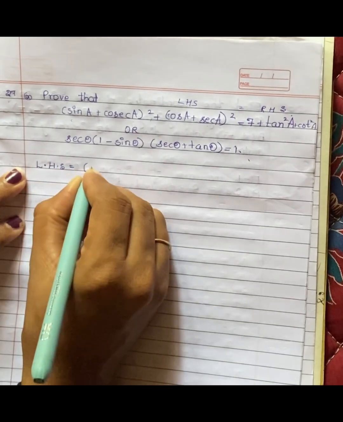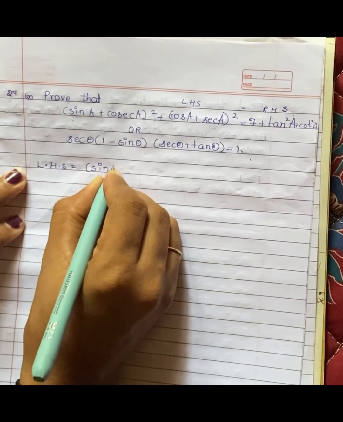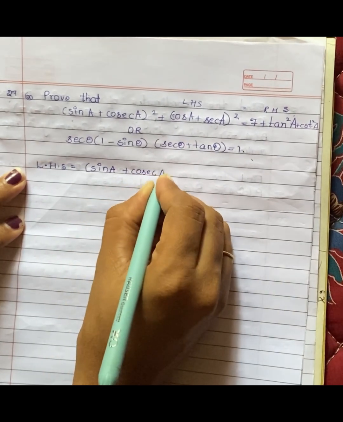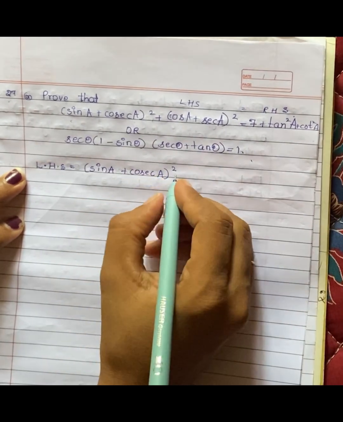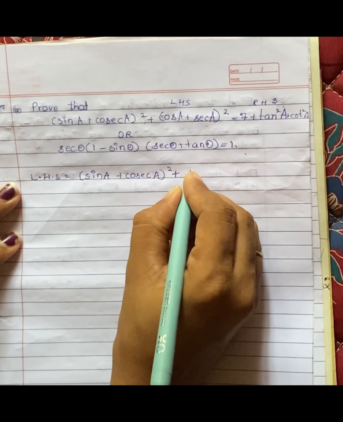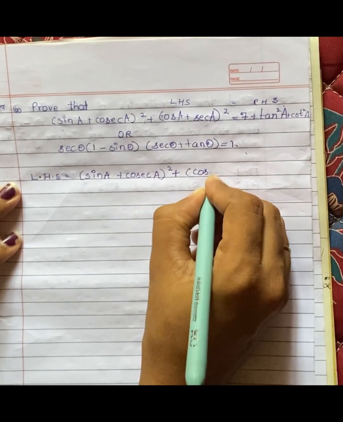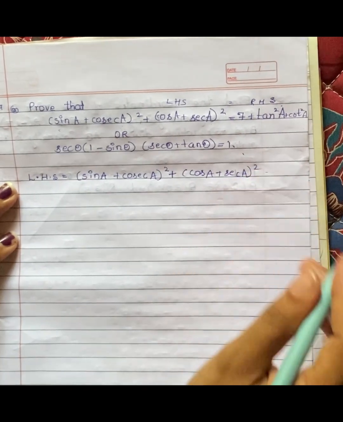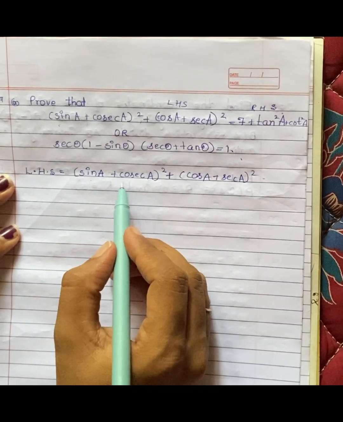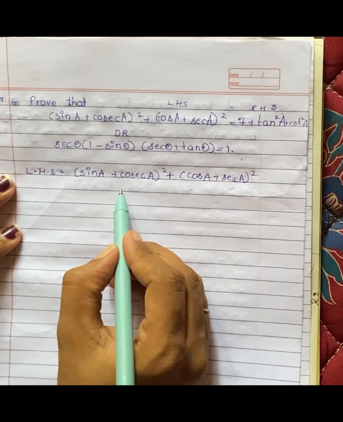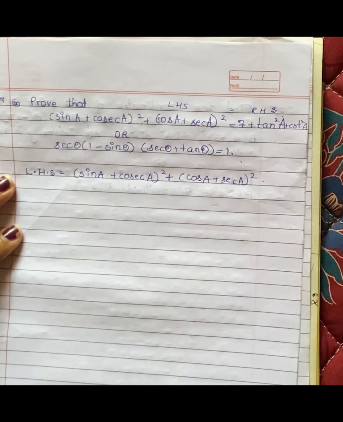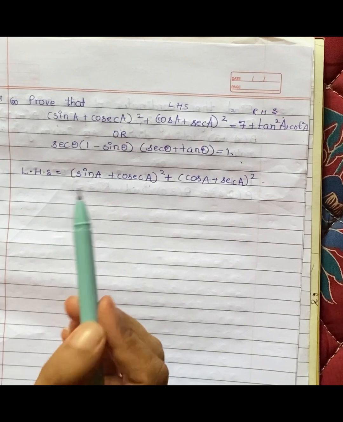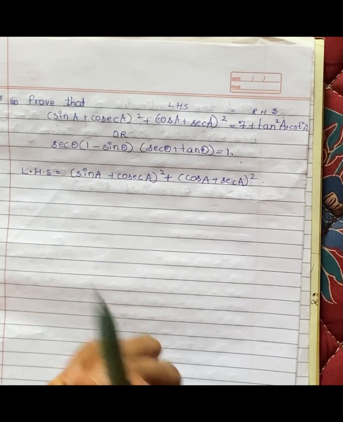Sin A plus cosec A whole squared plus cos A plus secant A whole squared. Now this is in the form of (a plus b) whole squared. We have to apply the (a plus b) whole squared formula here, that is a squared plus b squared plus 2ab.